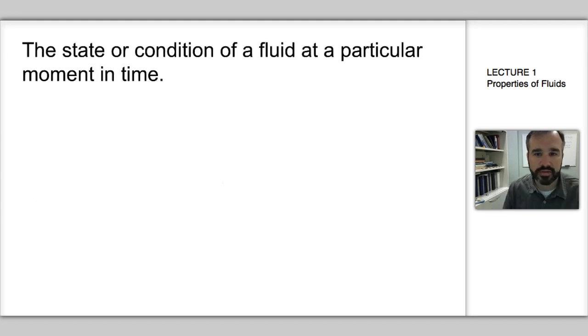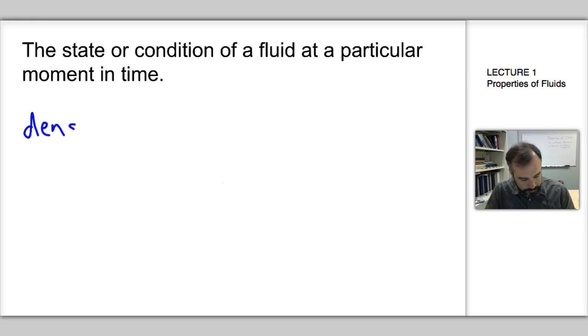Okay, so the next thing we need to think about is the state or condition of a fluid at a particular time, the fluid state. And a fluid state really defines what a particular property might be for that particular fluid given the environmental conditions around it, given the temperature and the pressure. And a really good example of that is density.